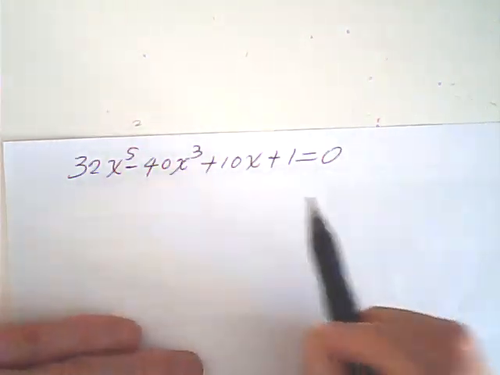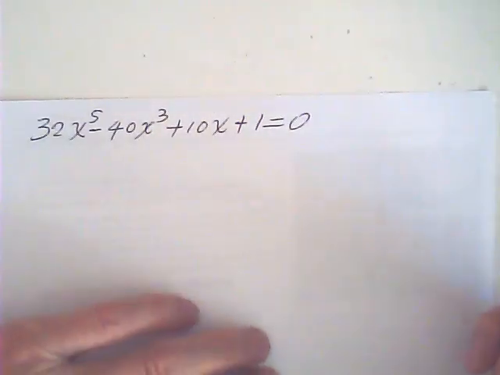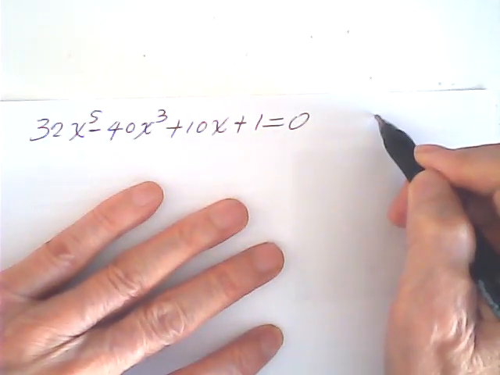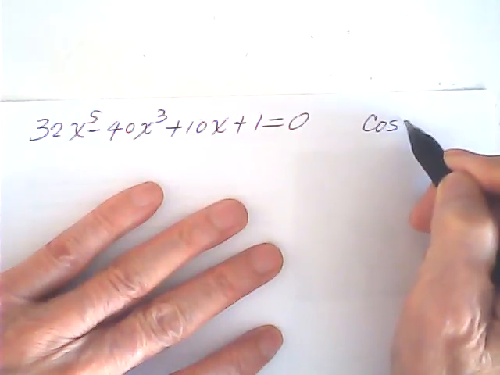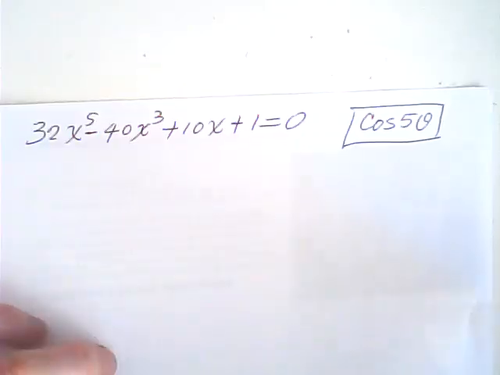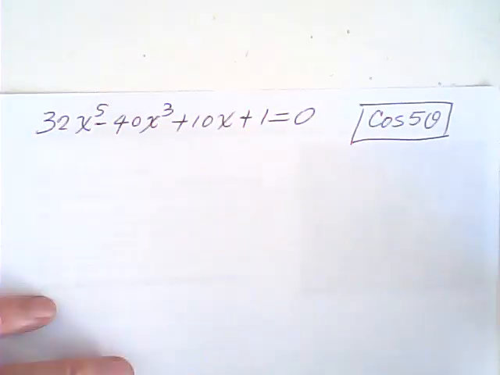Right. Solving a quintic equation, of course, is not easy. But when the hint is given, considering cosine 5 theta, it may not be difficult, it's just simply to follow.